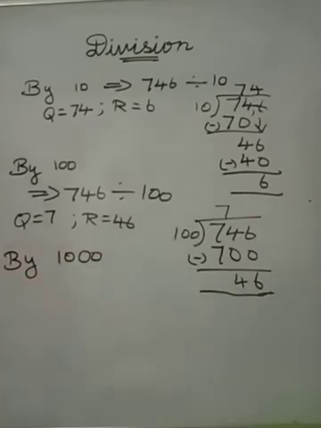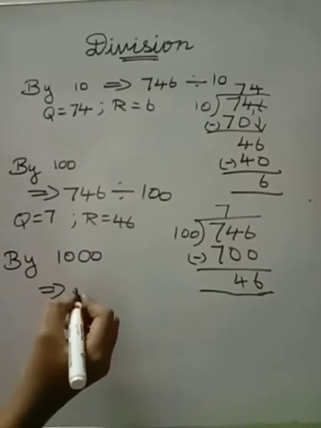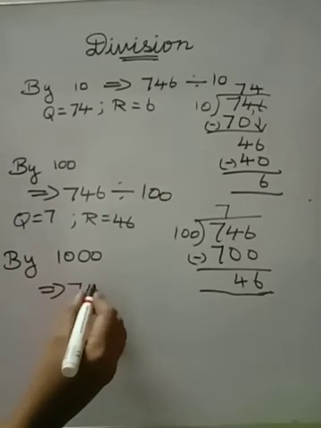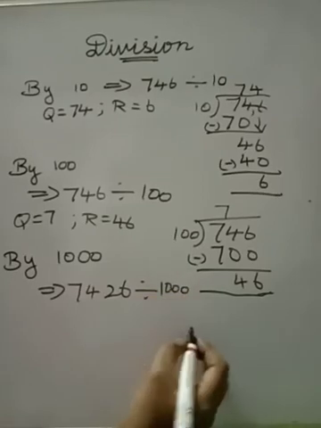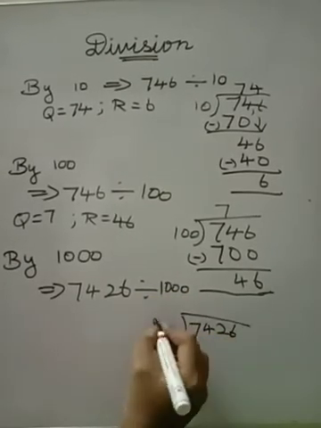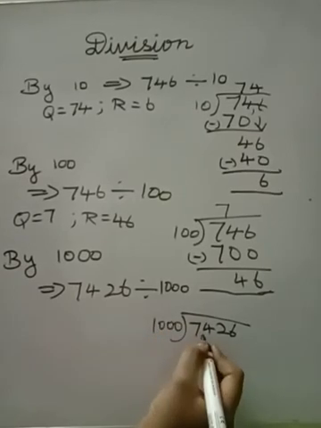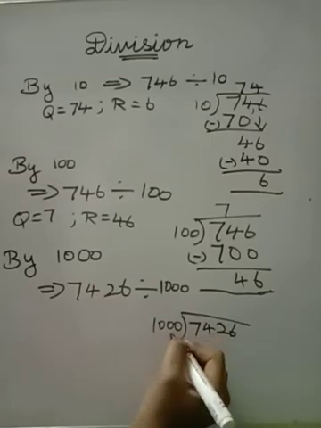The same thing by 1000. If you are dividing by 1000, let us take a 4-digit number, 7426 divided by 1000. 7 is smaller, 74 is also smaller than 1000, 742 is also smaller than 1000.